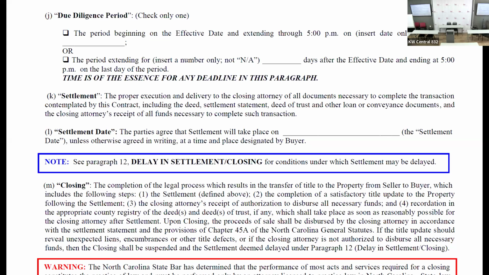If it's a loan, then I'm probably going to go 21 days, unless you're dealing with State Employees Credit Union or Bank of America, just because they are slow in response. Most lenders, within 21 days, are going to be able to tell you whether they can get the loan or not.